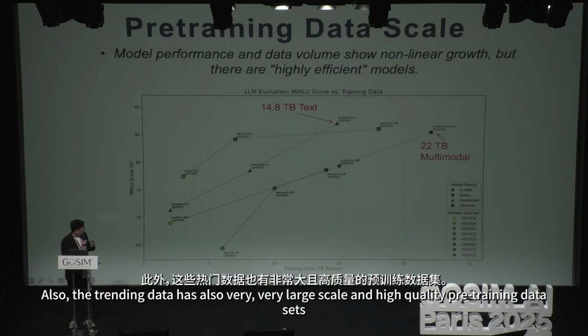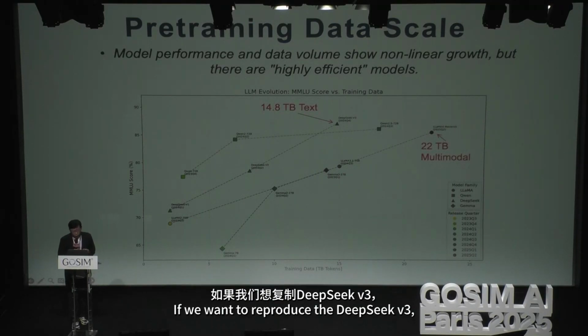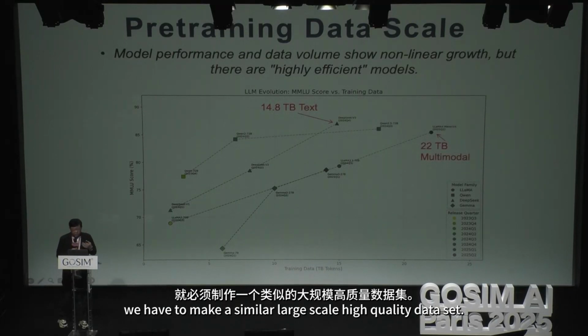Also, the training data is a very large scale and high quality pre-training data set. If we want to reproduce DeepSeek V3, we have to make a similar large scale high quality data set.